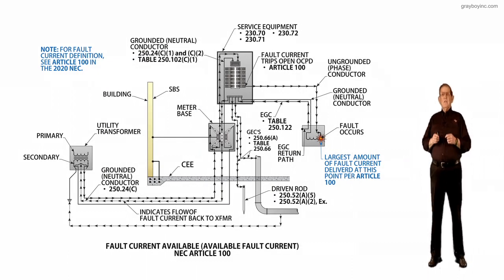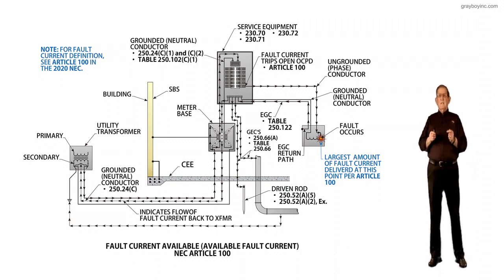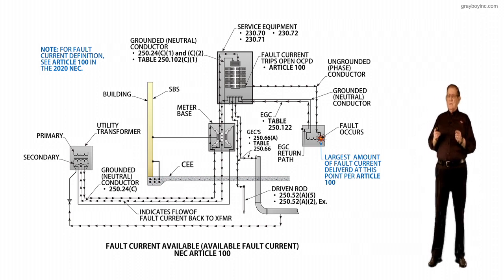This illustration deals with available fault current, as defined in NEC Article 100. The purpose of change: this new definition has been added to address fault current. The new definition defines fault current as the current delivered at a point on the electrical system during a short circuit condition.